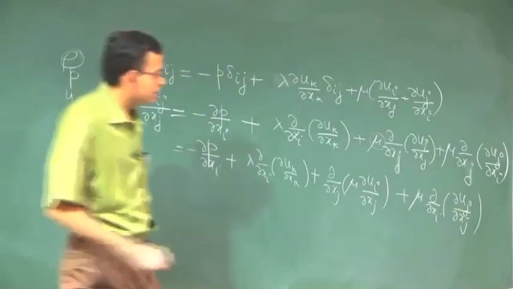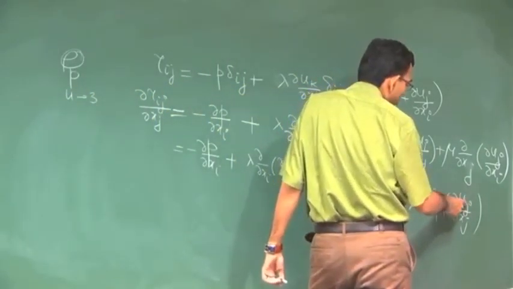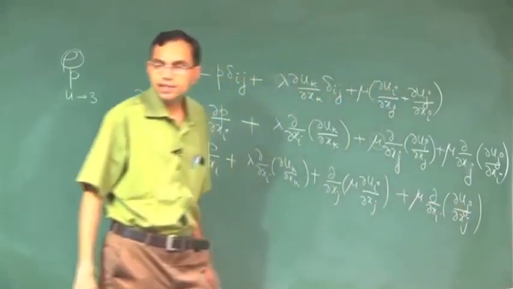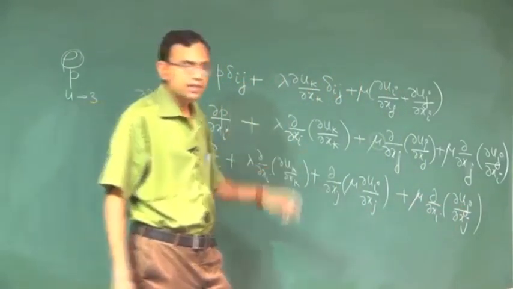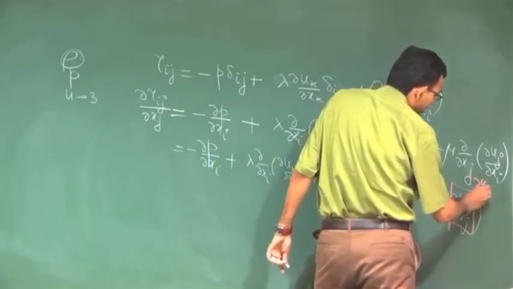So, because this is a dummy index, see now j has become dummy because j is a repeated index that is summed up. So, this you can call it del u k del x k.